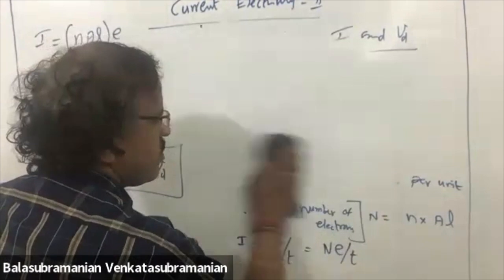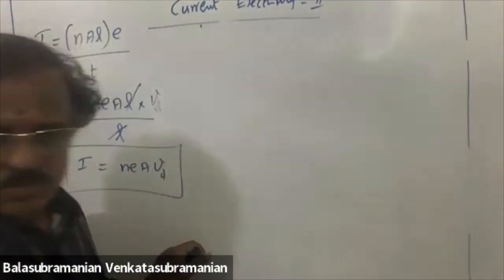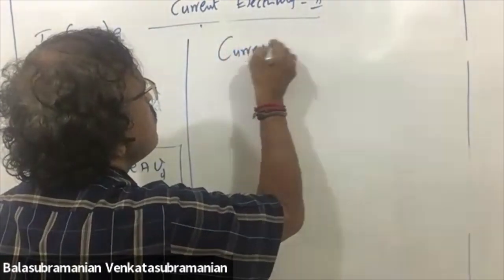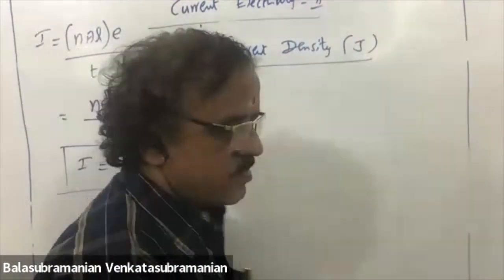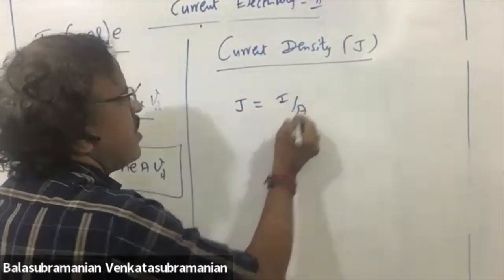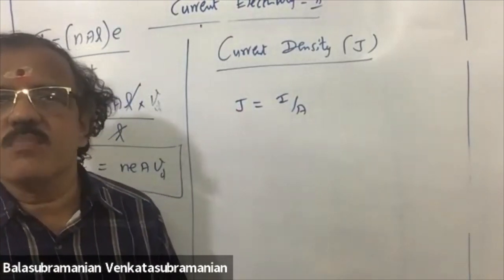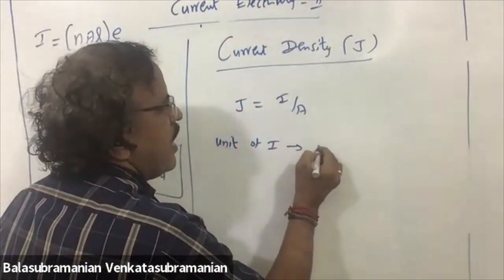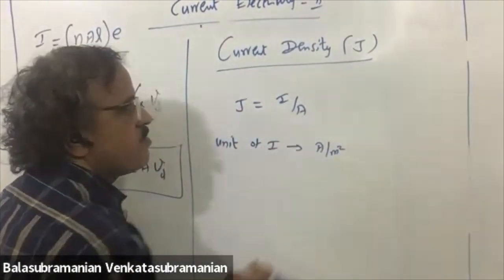Next, an important topic, current density, represented by J. Current density is nothing but current by area. J is equal to I by A. Unit: ampere per meter square. This A stands for ampere, this A stands for area.